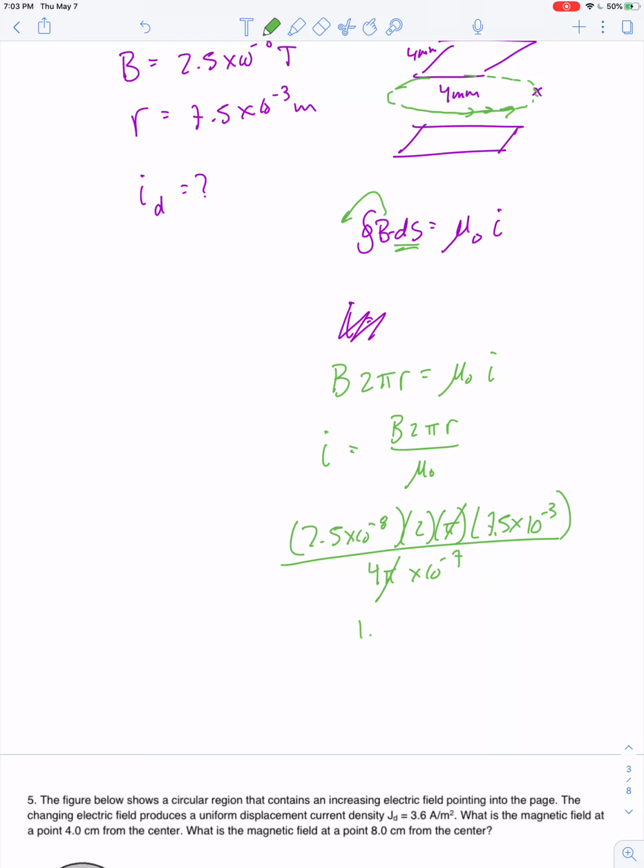And we get about 1.88 times 10 to the negative third amps, or if you prefer, 1.88 milliamps.